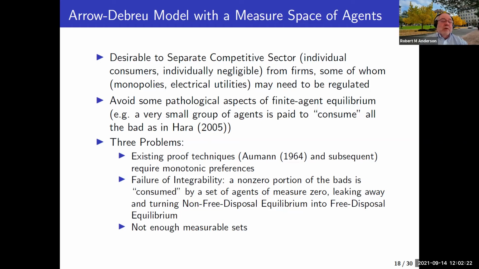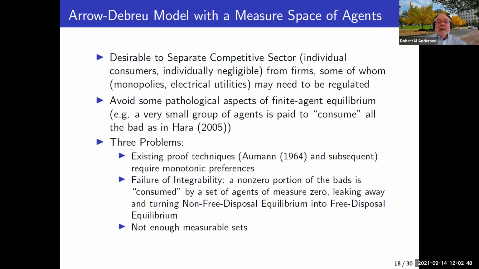So we're going to look at a model with a finite number of firms, but a measure space of agents. There are three problems in doing that. The first is that the existing proof techniques, which go back to Aumann almost 50 years ago, and the follow-up literature, almost universally assume monotonic preferences.